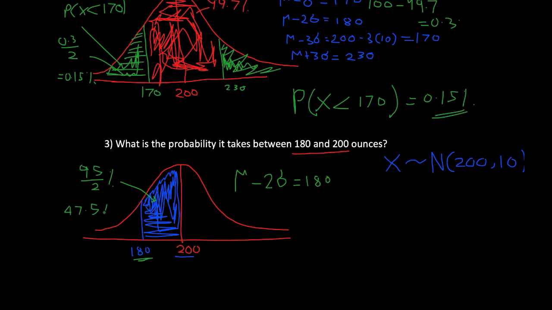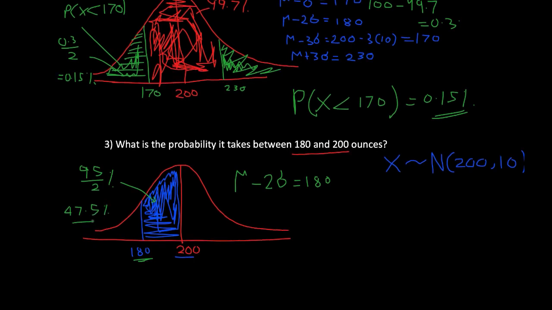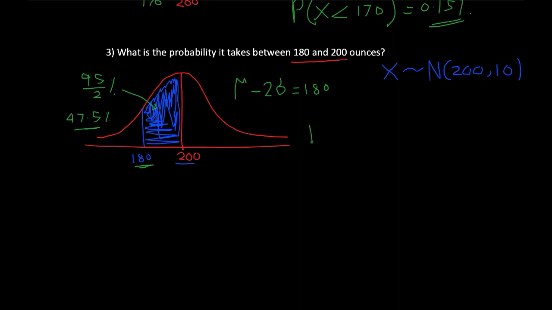So this answer is 47.5%. Now the answer can be written: probability x greater than or equal to 180 and less than or equal to 200 equals 47.5%.